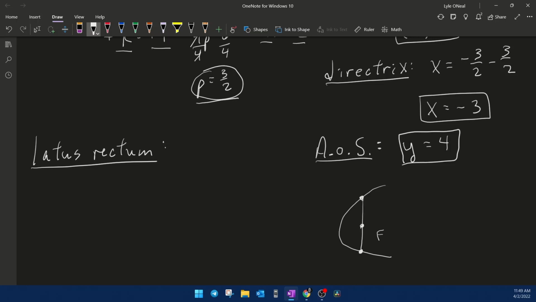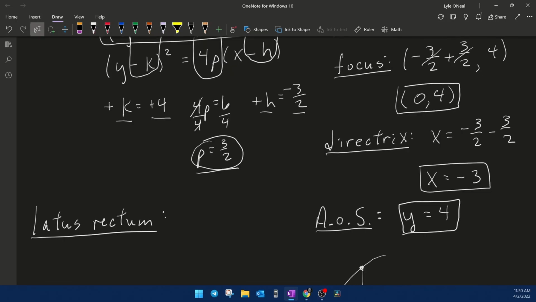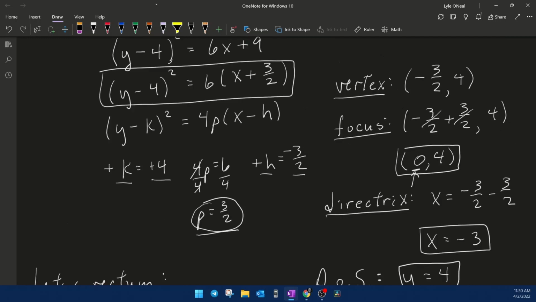The latus rectum going perpendicular to the axis of symmetry that contains the focus, if it opens to the right, would have to have the same x coordinates as the focus. So our focus had an x coordinate of 0.